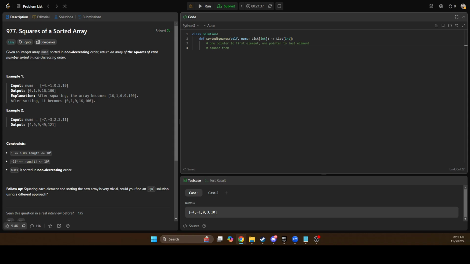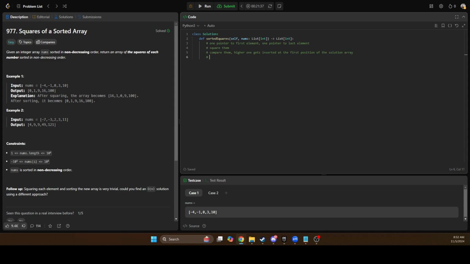One thing I notice is that when you square a number, it doesn't matter if it's negative or not. Only the bigger numerical value is going to give you a bigger number, because you get rid of the negative sign. So you square them, you compare them, and the higher one gets inserted at the first position of the solution array.